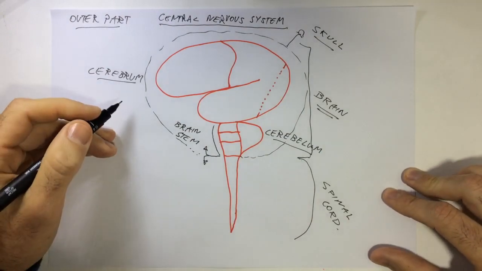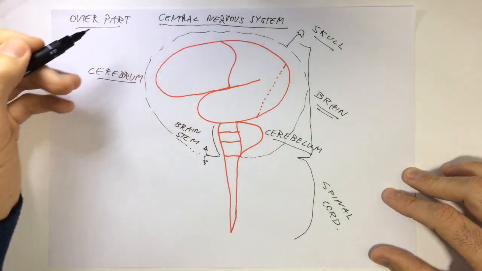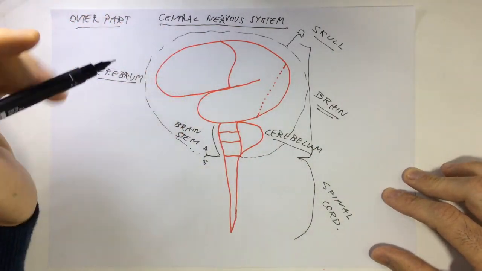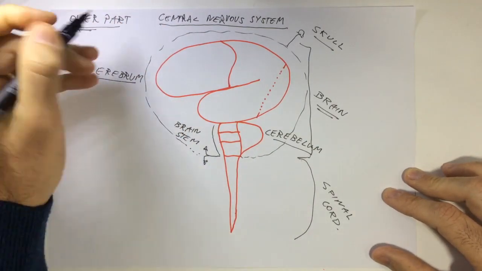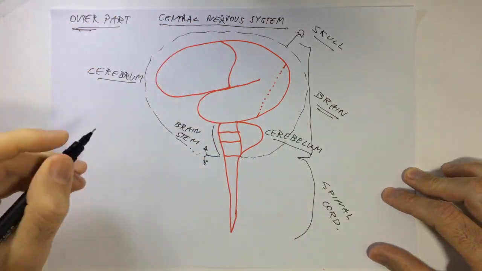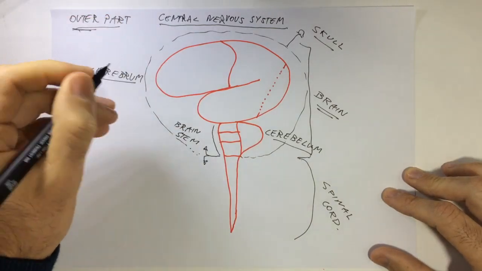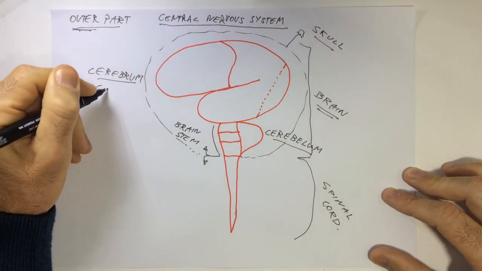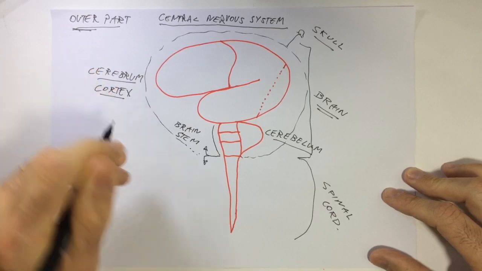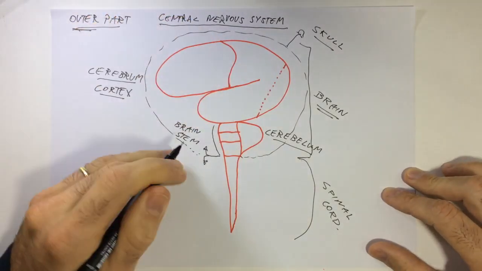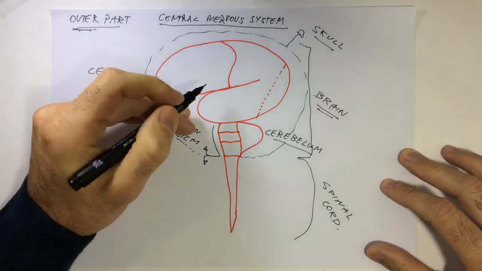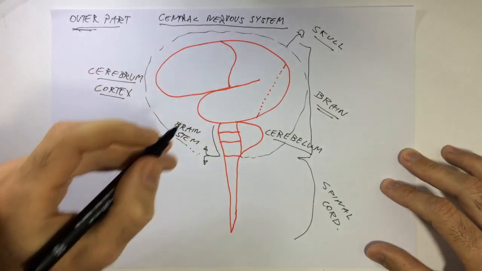Okay, let's start with the cerebrum here. When we analyze the outer part of the cerebrum, we see that it is composed of one structure that we call cortex. And when we analyze the cortex, we can tell that it has two main structures.